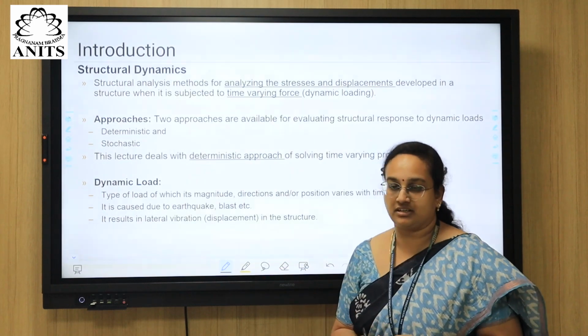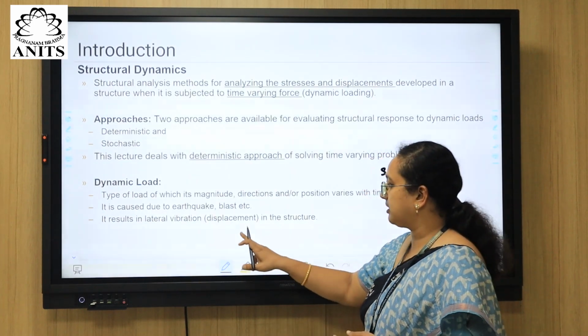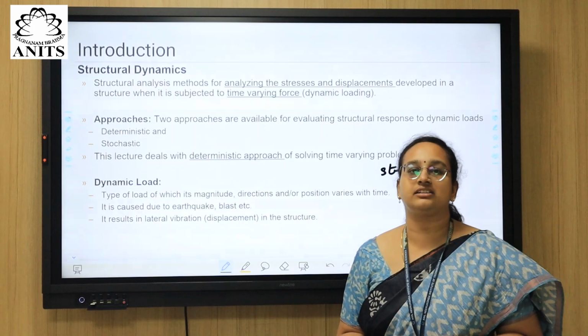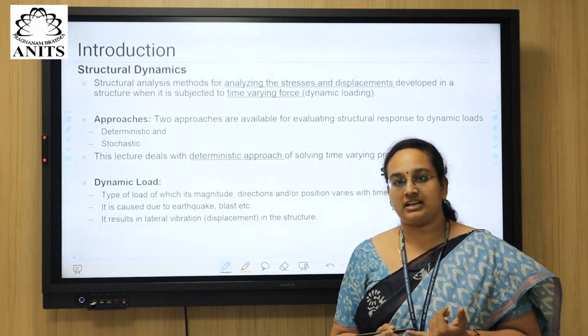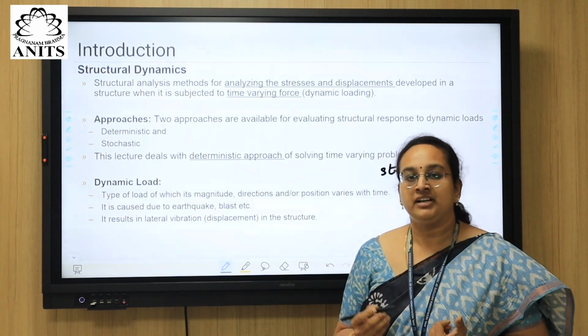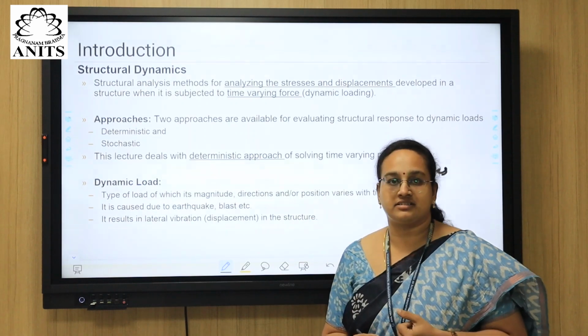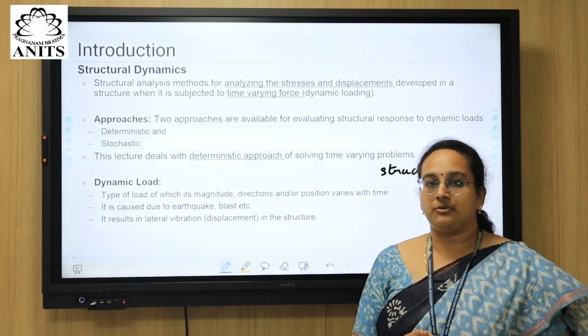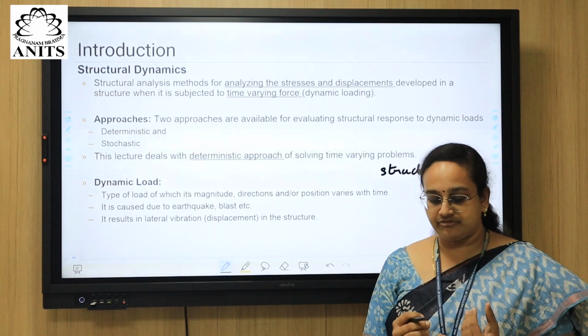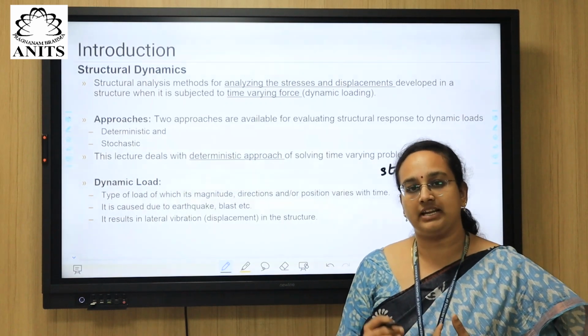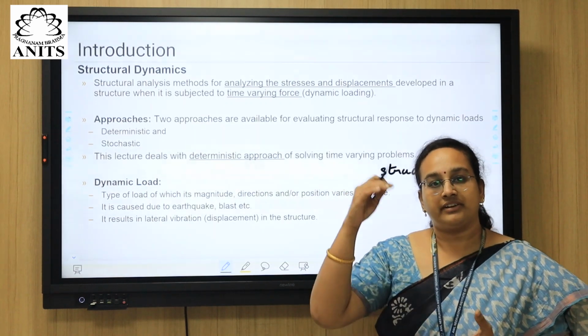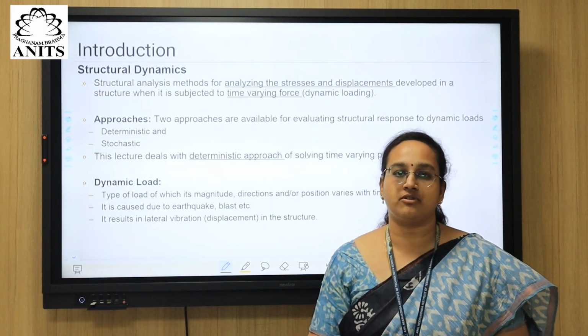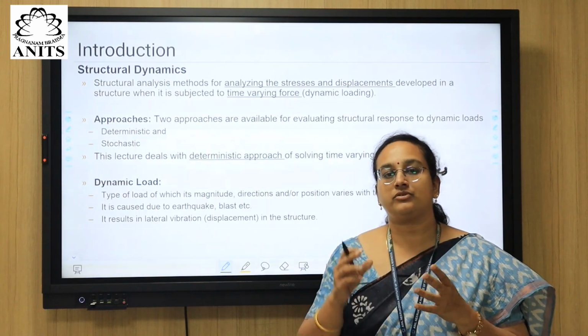Now what happens if dynamic loads occur? It results in lateral vibration in the structure. So this is another major concern. The force is time varying, that is anyway clear. But another problem here is lateral vibration. Till now, if we are discussing beams, columns, anything, we are discussing transverse loads. If dead load is coming onto the structure, the beam is subjected to transverse load.